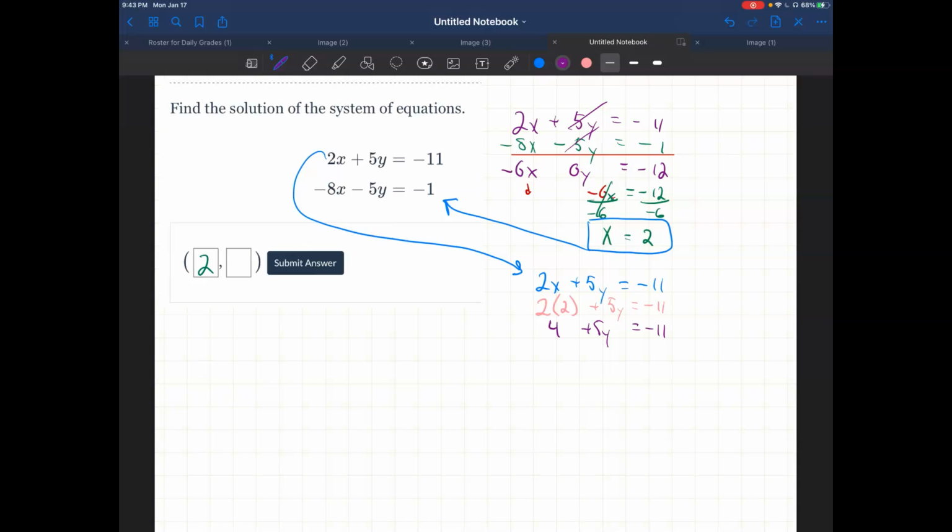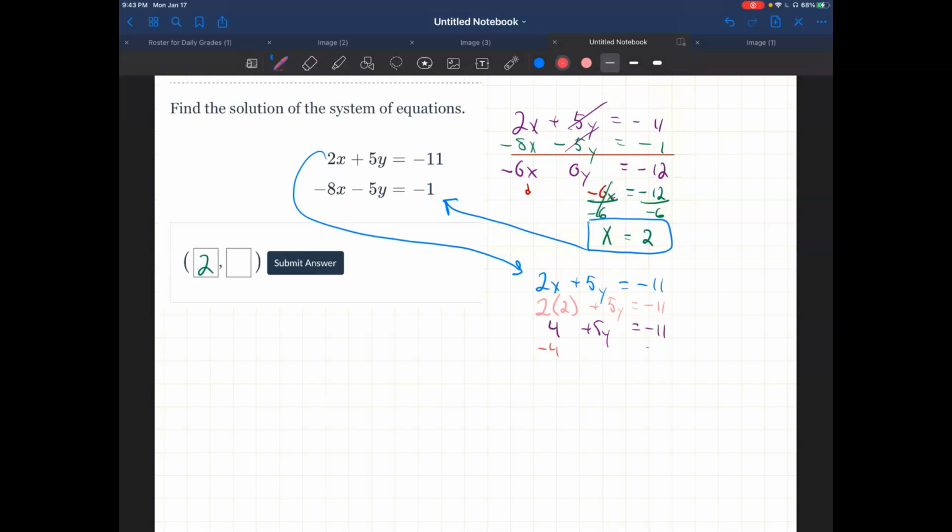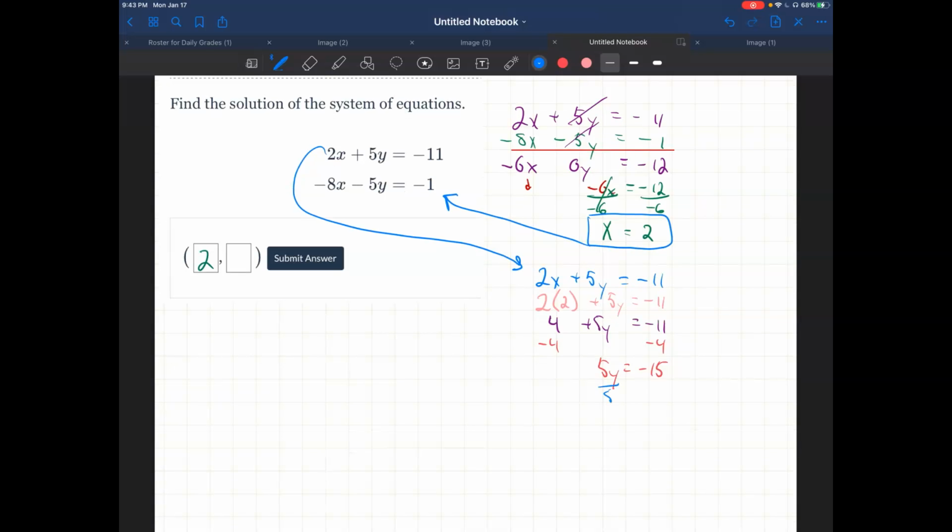So I'm going to subtract 4 from each side. So I have 5y equals negative 15. Divide by 5 on both sides. So now I know y equals negative 3. Okay, so now my solution to this system of equations is x is 2 and y is negative 3.